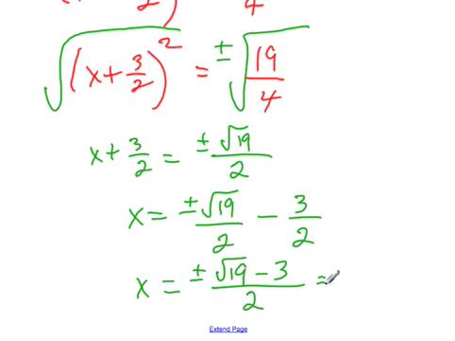Typically this is where we leave it, but if you wanted to figure out an approximation, you could figure out what the square root of 19 would be. It'd be 4.4 something. So 4.4 minus 3 is 1.4 divided by 2 is approximately 0.7, and then you do a minus 4.4, that'd be minus 7 divided by 2, minus 3 point something or other. But you could figure them out in decimals if you wanted to.